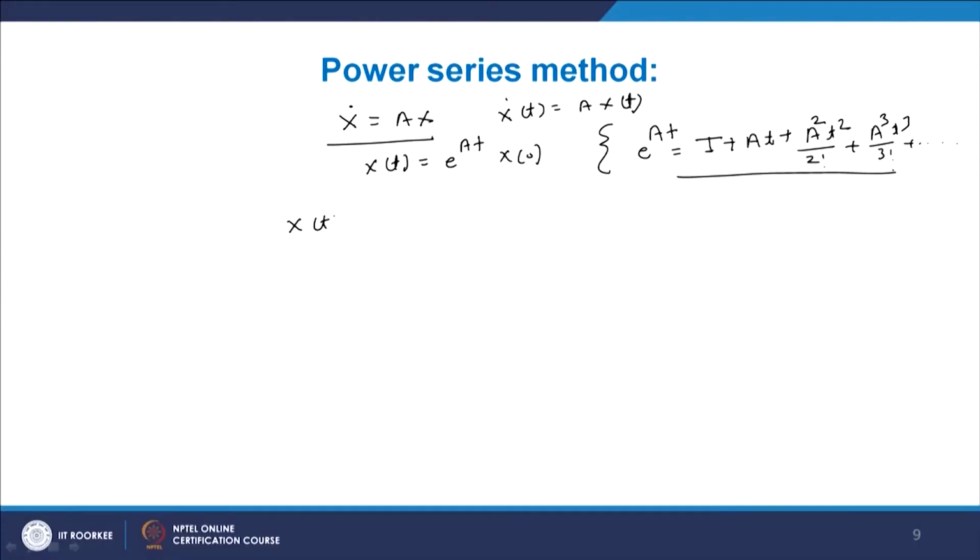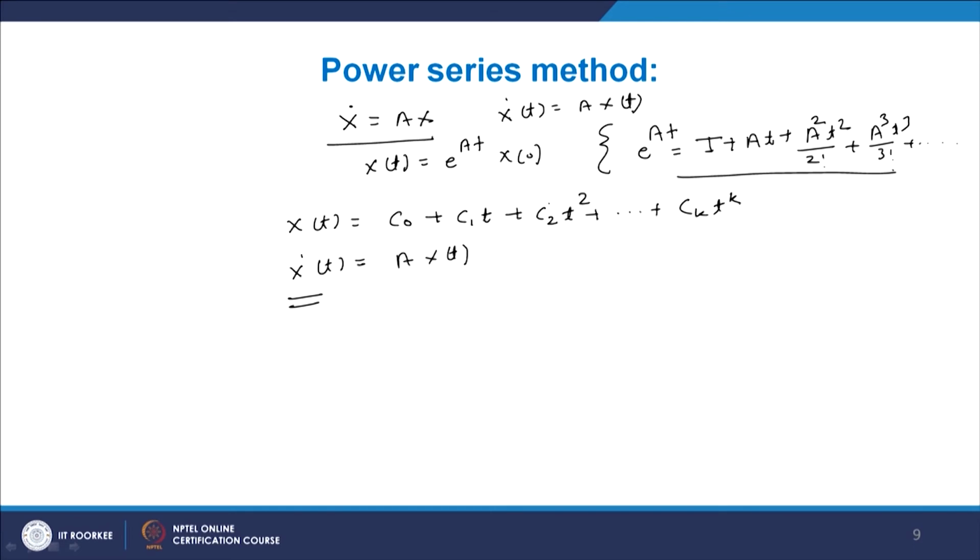First of all, we will assume that x of t equals C0 plus C1 t plus C2 t square plus up to Ck into t to the k. Now, we are concerned with x dot of t, where x dot of t equals A into x of t. So now differentiate this equation.